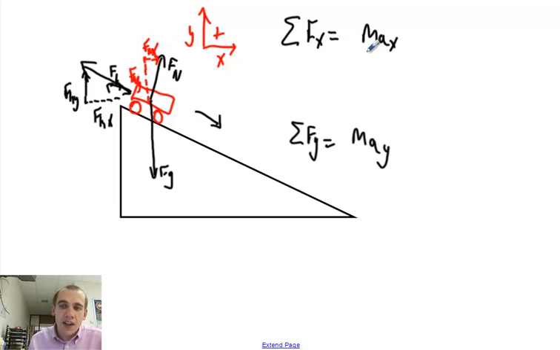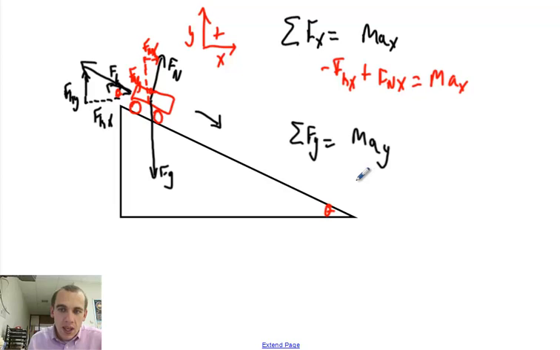So when I find my net force in x, what I have is Fk,x, and it's negative, it's pulling one way, plus Fn,x equals m a_x. Then I have to find the angle here, and find all those forces. In y, I'm going to do the same thing: net force in y equals mass times acceleration y.